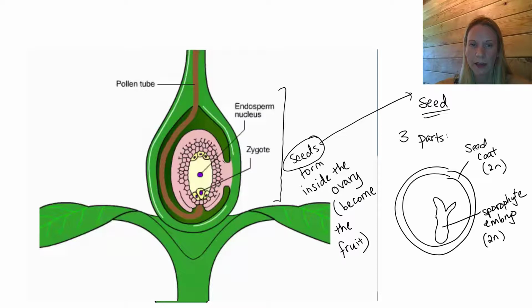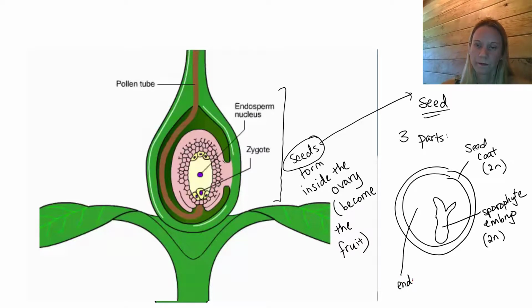The zygote was an egg that joined with a sperm nucleus and formed the zygote. And then the remainder, the internal part, is endosperm.